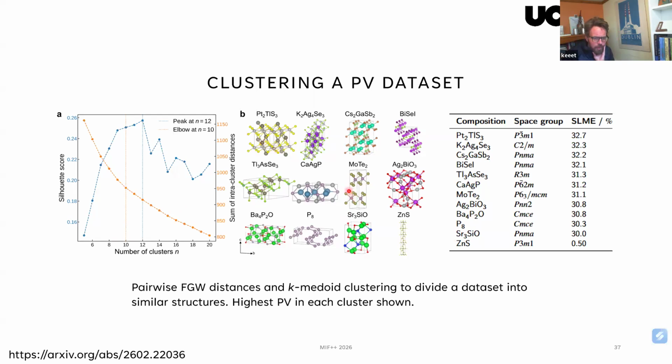So you've got some layered materials here, some two-dimensional materials here. There's a bunch of different systems, so it gives you this nice diversity in chemical space. And interestingly, there's one of the clusters that picks out this zinc sulfide cluster, which actually has really low efficiency in everything in it, which is quite an interesting cluster.